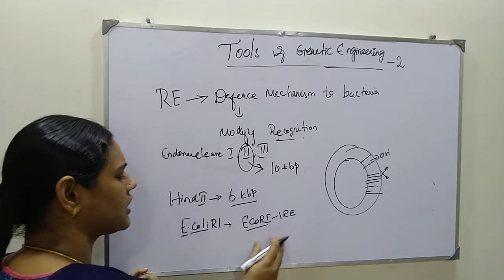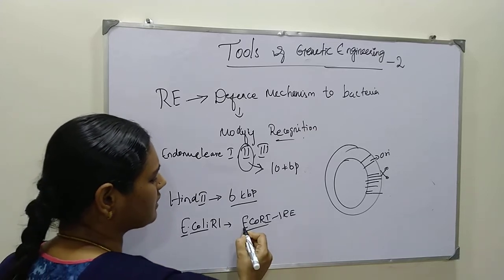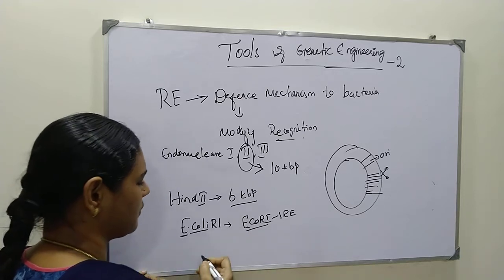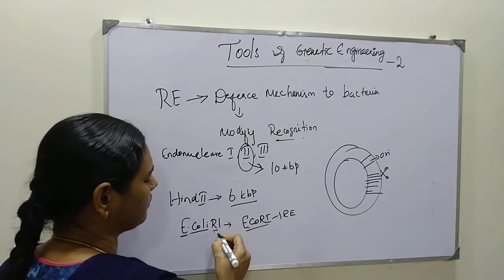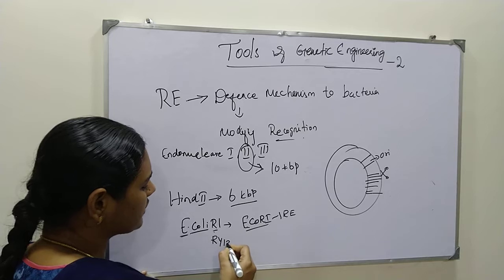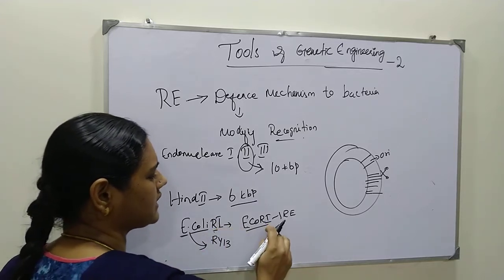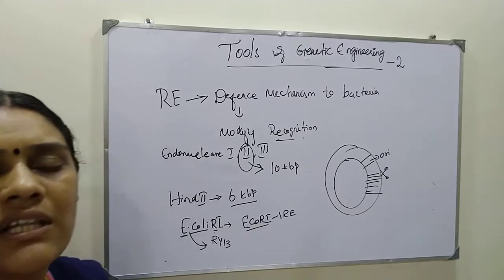The E is taken from the genus, the co is taken from the species, and R is taken from the RY13 strain of the E. coli bacterium.